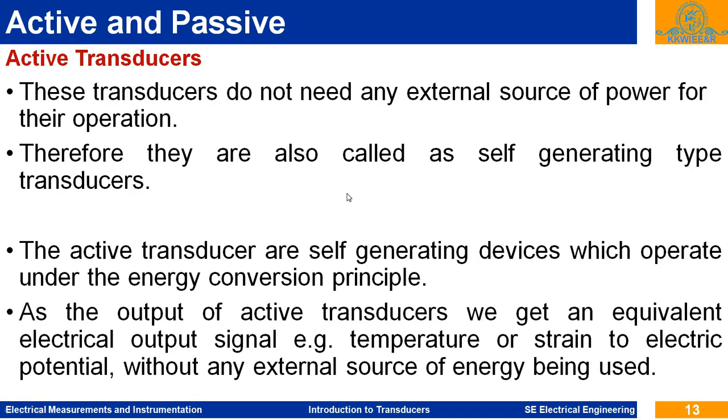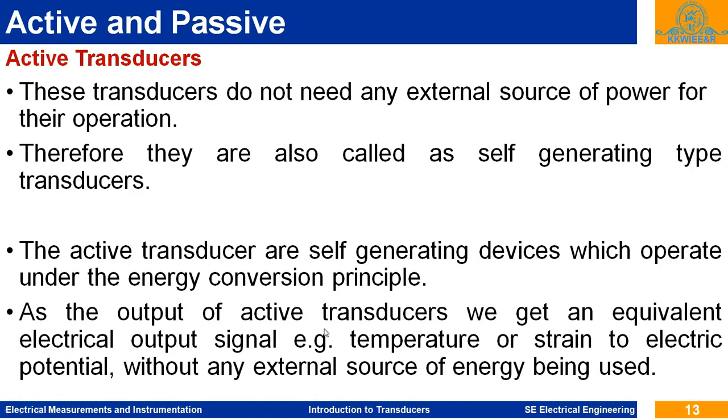For the conversion of this physical quantity into the electrical one, or from one form of energy into another form of energy, they don't require any other energy source. The active transducers are self-generating devices which operate under the energy conversion principle.